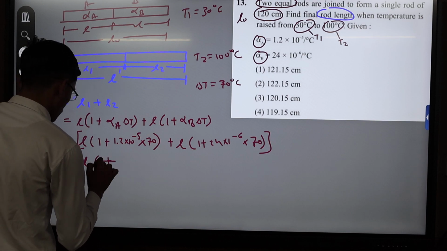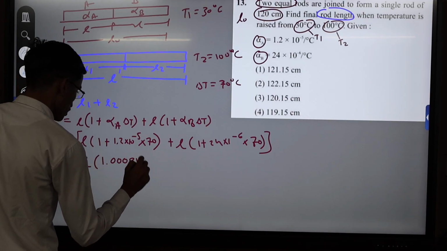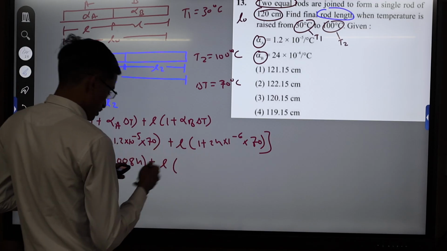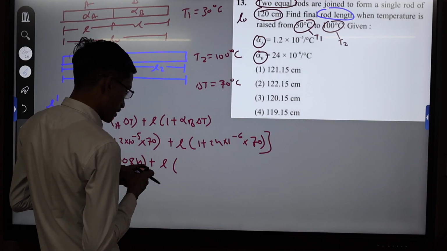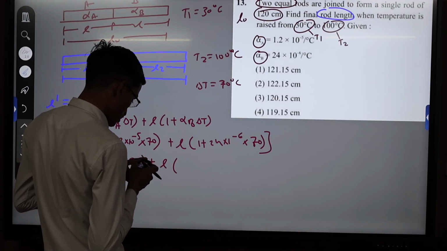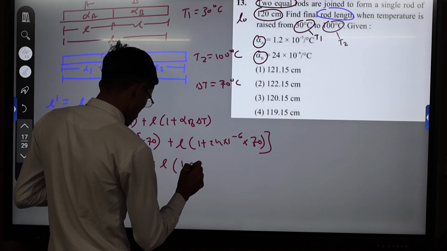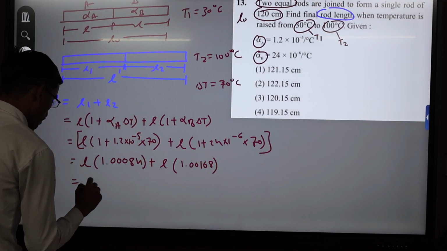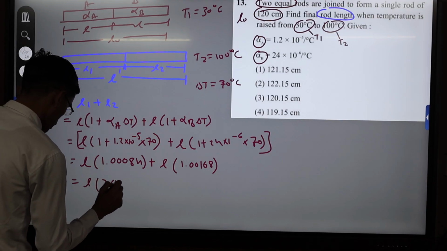So this will become 1.00084, plus L into 70 into 24 divided by 10 raised to 6, plus 1, is 1.00168. Common L, the summation of this will be 1.00084 plus 1.00168, so 2.00252.